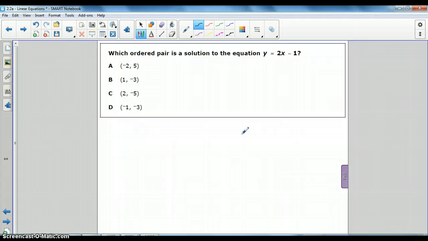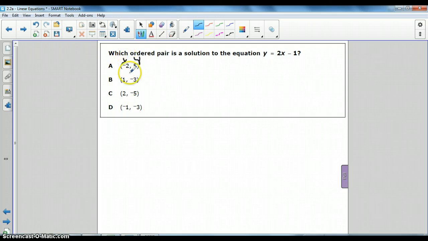So the first one says, which ordered pair is a solution to the equation y equals 2x minus 1? Now remember, an ordered pair is x comma y. So if I plug in my x, will I get my y is basically what you're going to do. And we'll just start at the beginning.